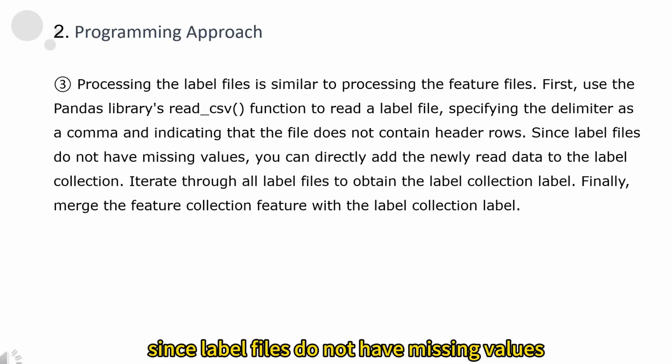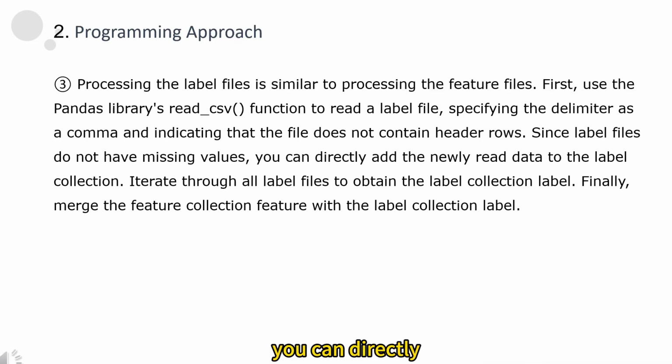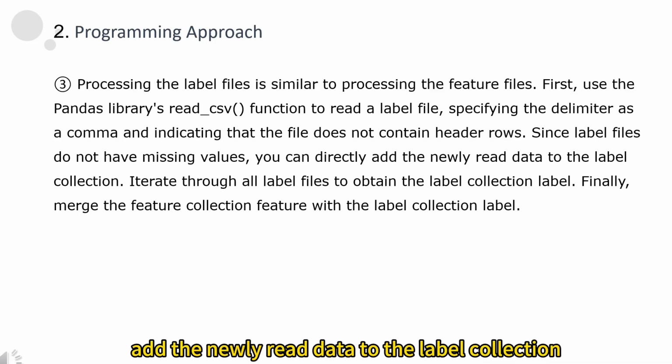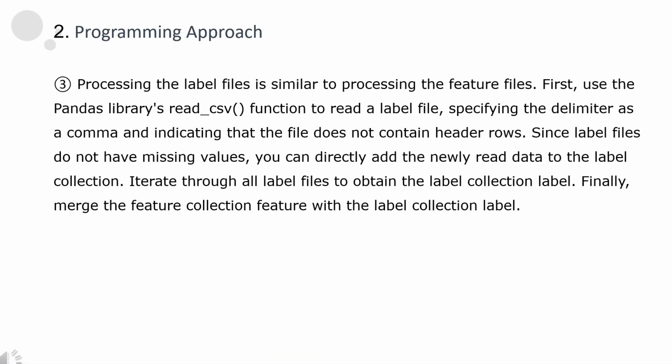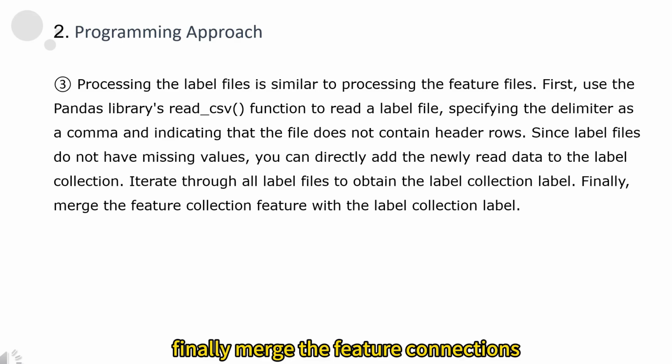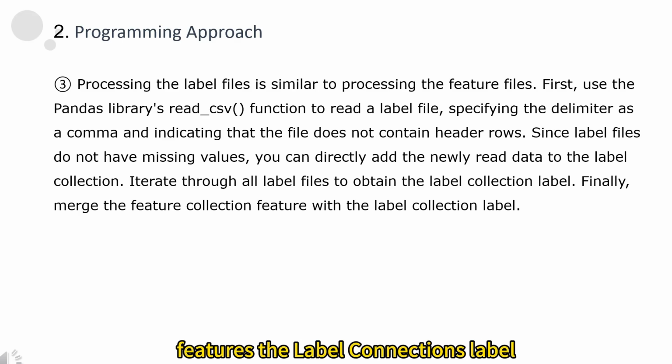Since label files do not have missing values, you can directly add the newly read data to the label collection. Iterate through all label files to obtain the label collection. Finally, merge the feature collection and the label collection.